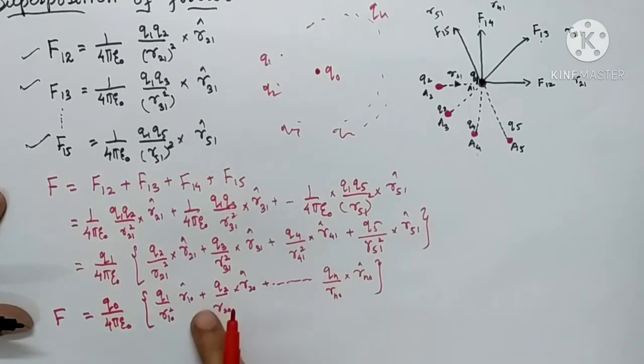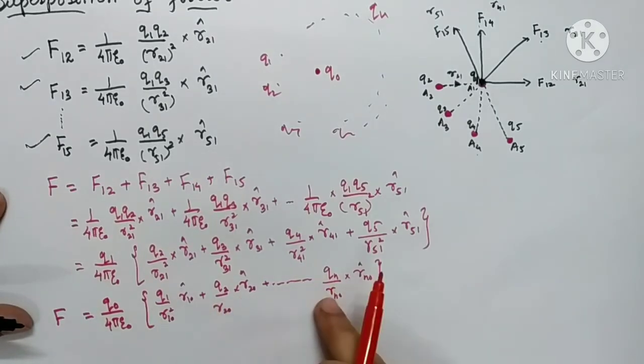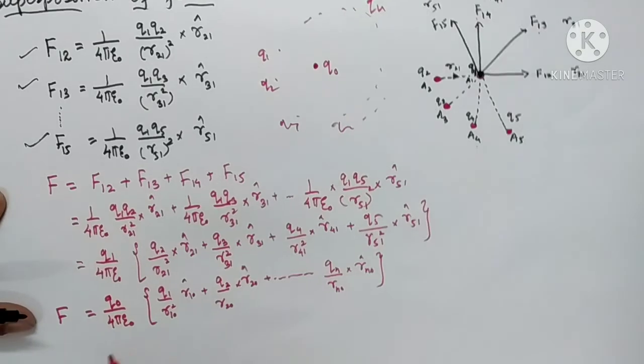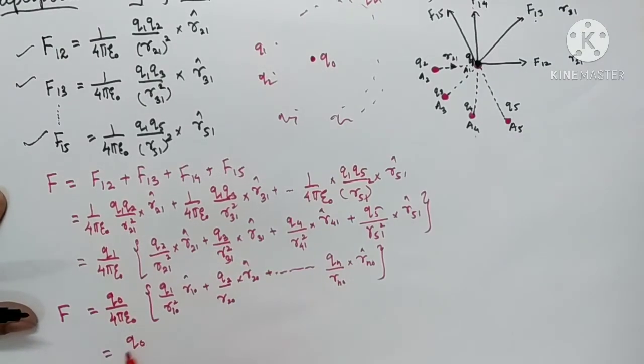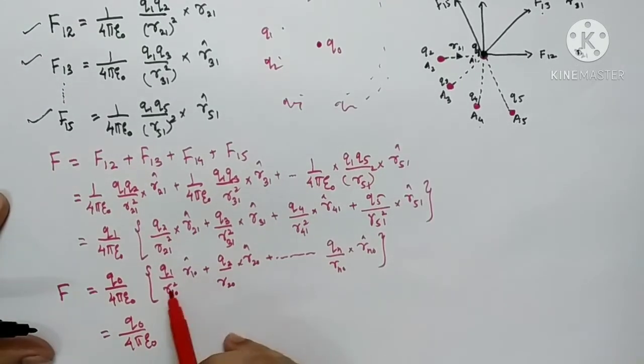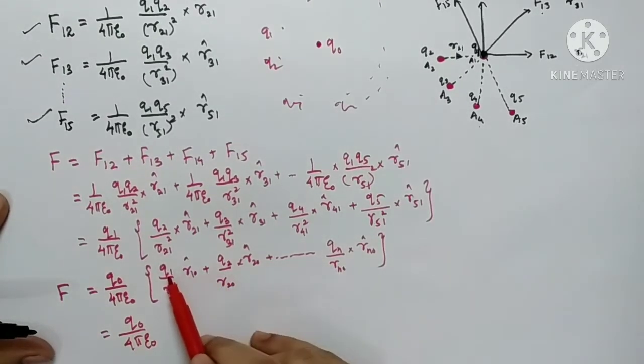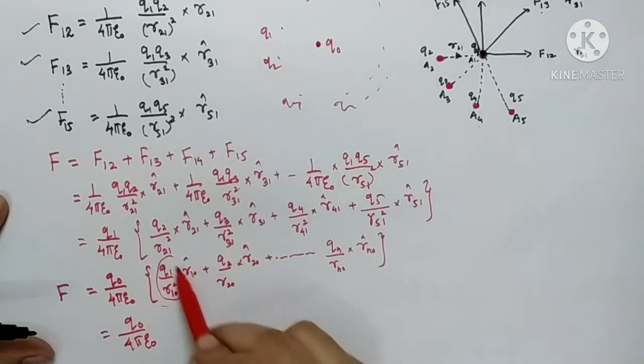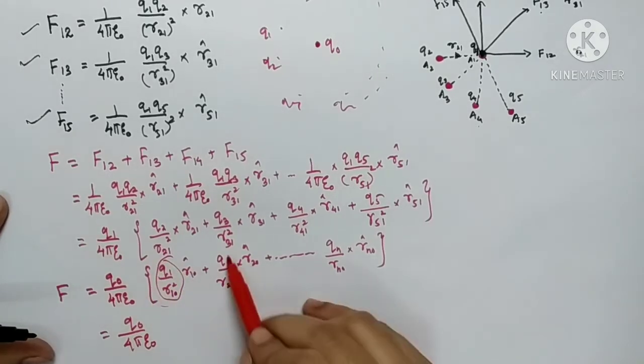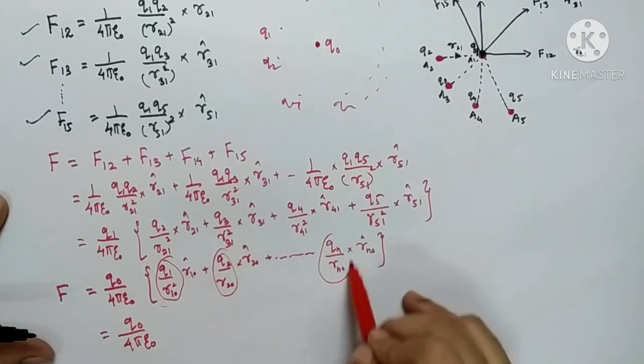Remember that instead of adding all these terms, I can write this as a summation. It is Q0 upon 4 pi epsilon 0 times the sum of these ratios, Q1 upon R1, Q2 upon R2, Q3 upon R3.